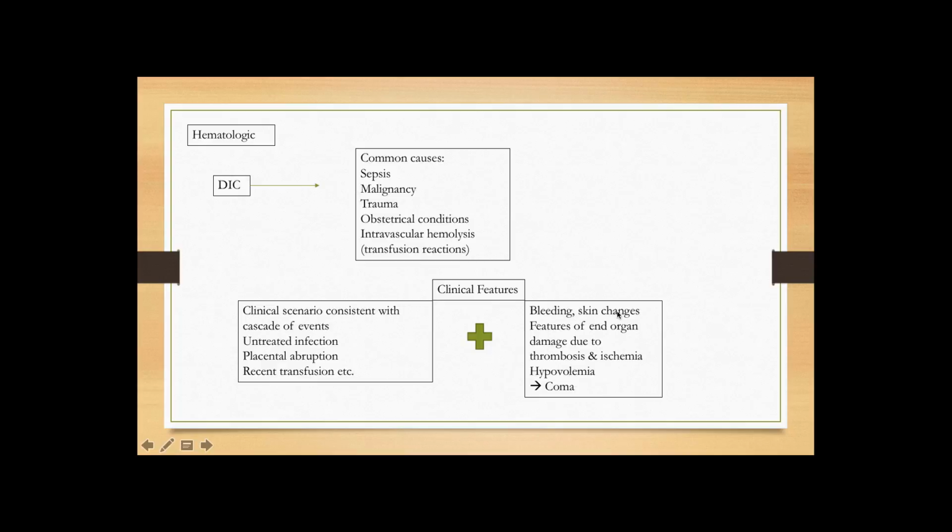So they will be bleeding all over. They have end organ failure, end organ damage due to thrombosis and ischemia, and ultimately, because of hypovolemia, they go into coma. The final complications after coma or with coma are they get kidney failure, shock lung, hepatic failure. So basically everything in the body starts to collapse. That's what happens.